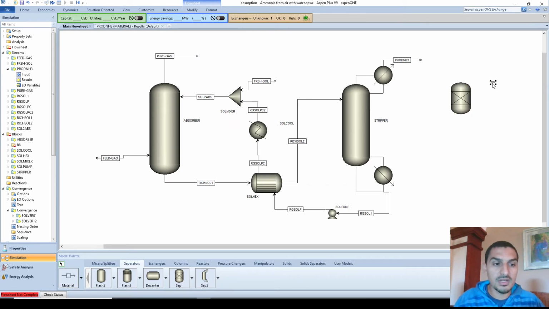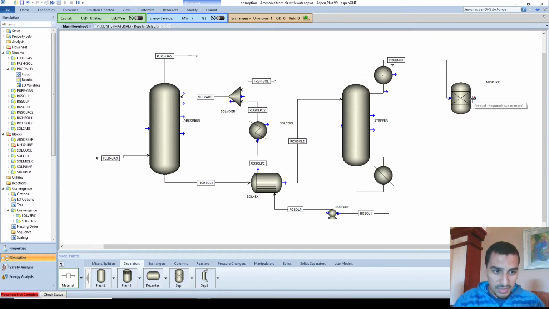So what I'm gonna do is call it the ammonia purifier, for instance, and I'm gonna connect this as a feed. You can add one feed stream or two or more feeds if you want.